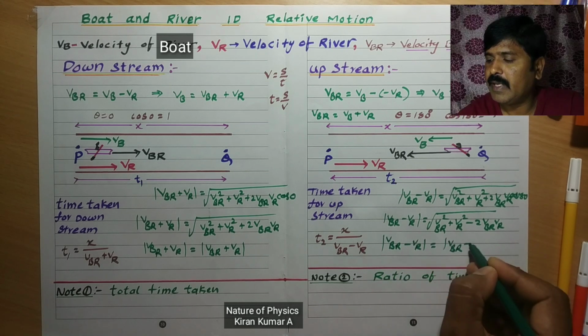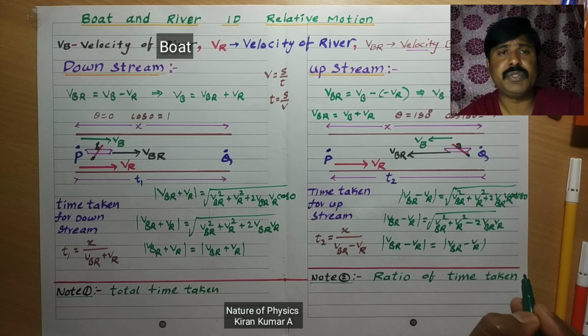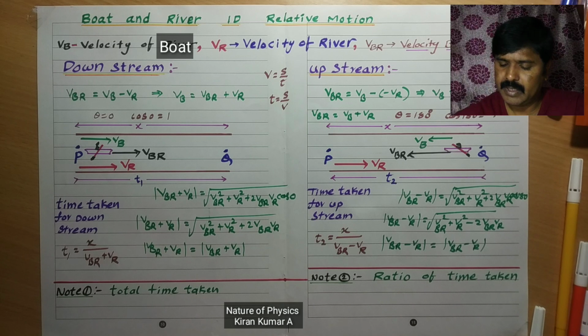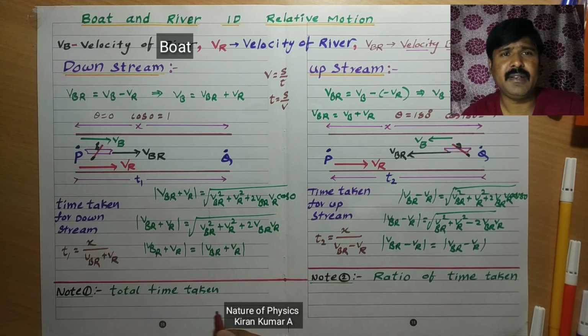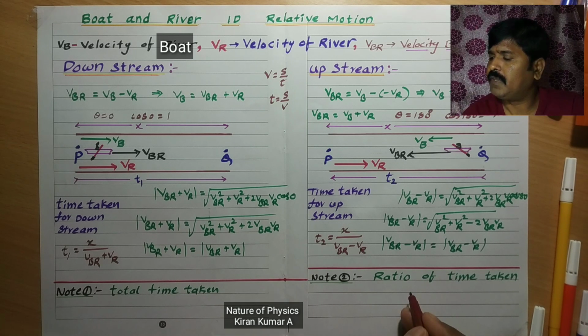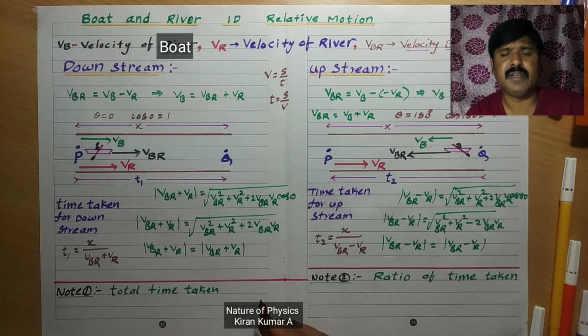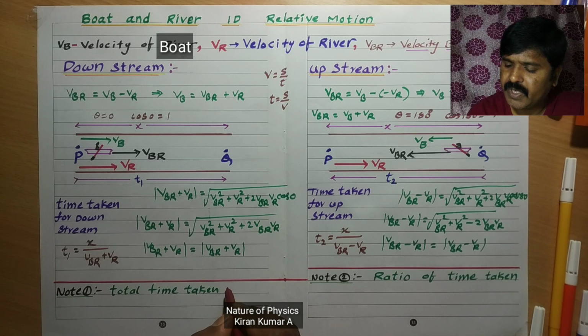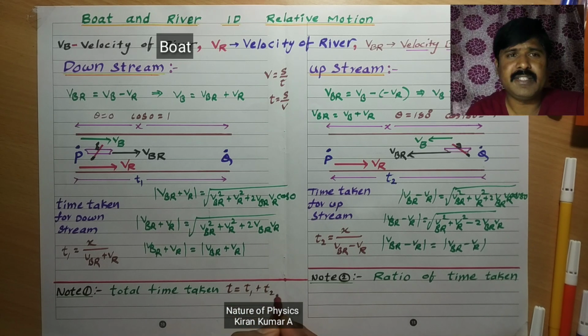Continuing, we can also write the total time taken and the ratio of the times taken. First, the total time taken: T equals T1 plus T2, where T1 is downstream and T2 is upstream.